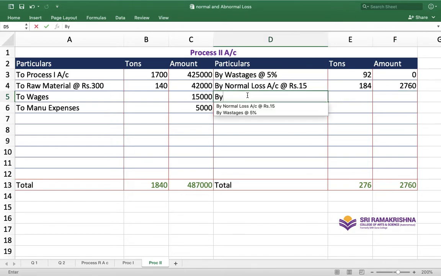Next, this is the final process, so this will be transferred to finished stock.